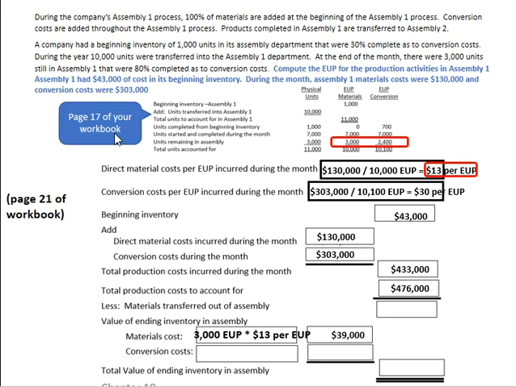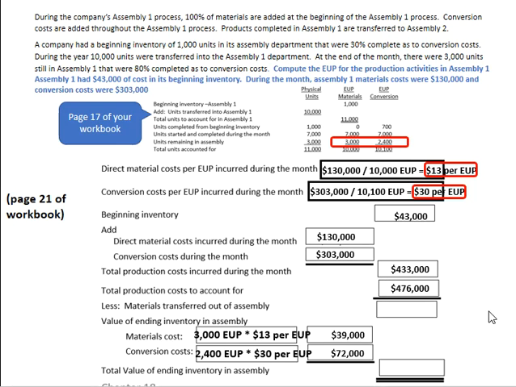I take the units remaining in assembly, which are 3,000 EUP for materials, times my $13 per EUP, and that equals $39,000. Conversion costs are 2,400 EUP for units remaining in assembly, times $30 per EUP, which equals $72,000.